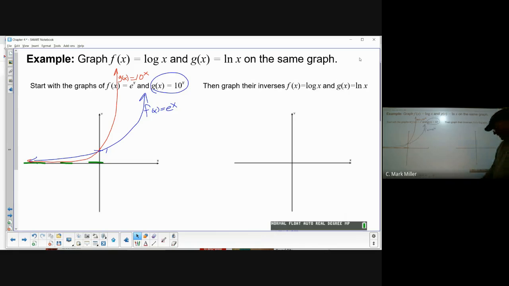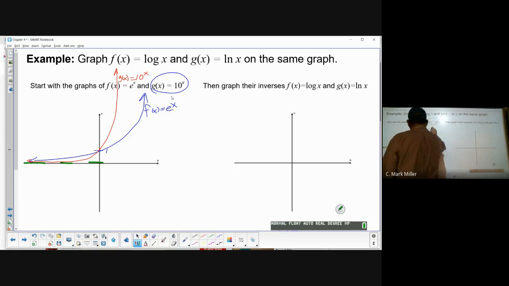The student will recall that the graphs of inverses are going to be the graphs of the functions reflected about the line y equals x. So I'm going to reflect about that line.